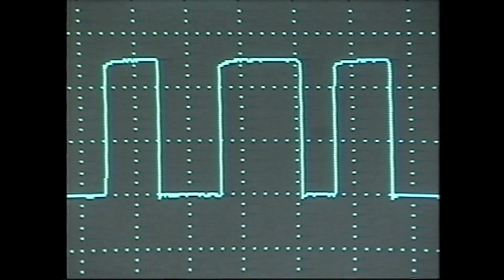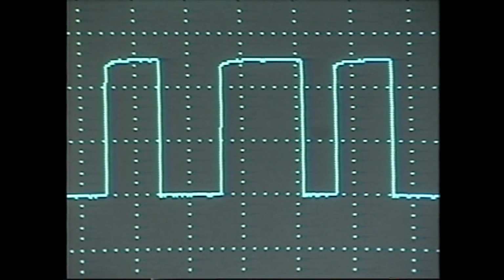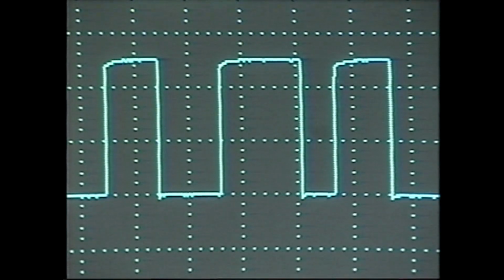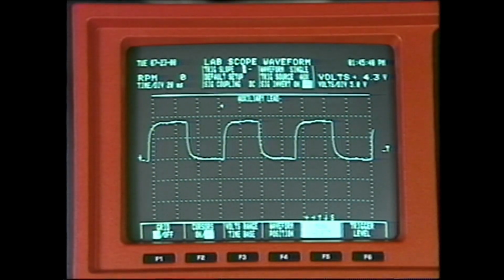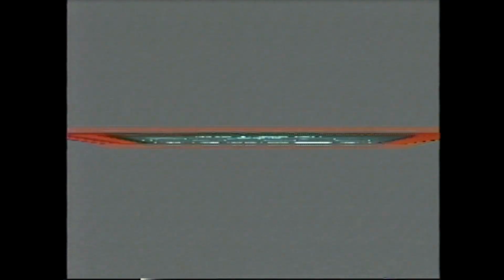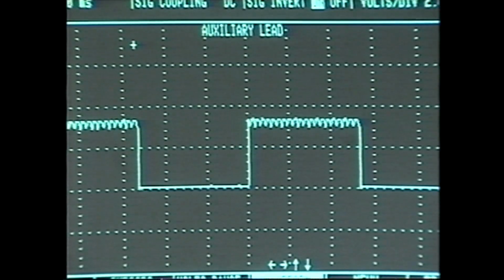A bad switch can cause irregular on-off switching times. A rounded corner indicates a grounding problem inside the switch. Hash that occurs when the switch is on can be caused by a defective switch.